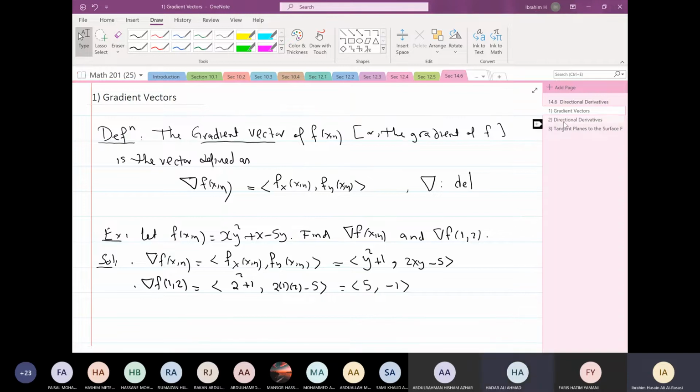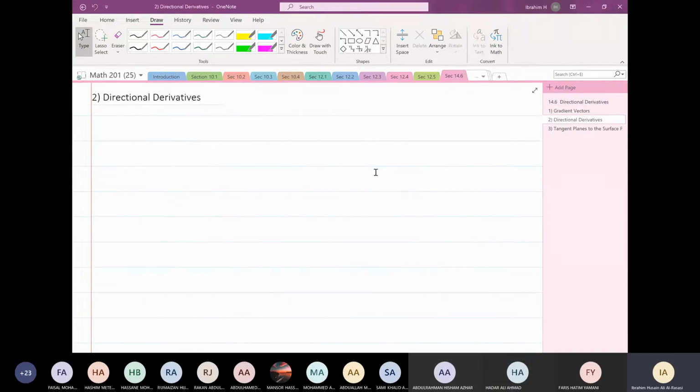Now we go to the second point, directional derivatives. This is the key point or the main point in this section, and to understand this, I will make a review or a reminder of f sub x at x0, y0 and f sub y at x0, y0.